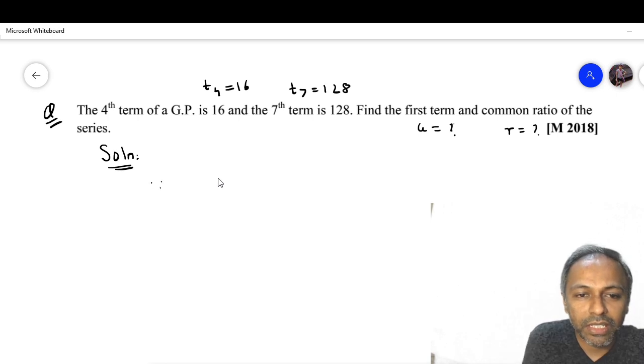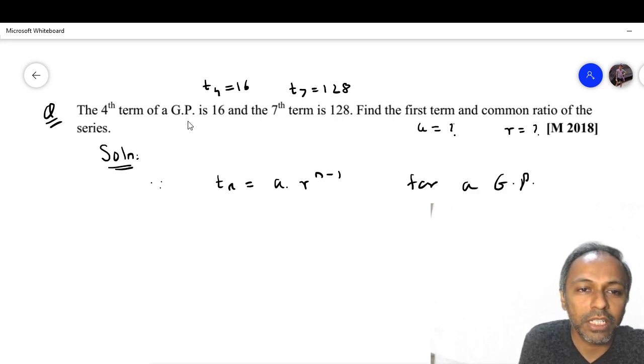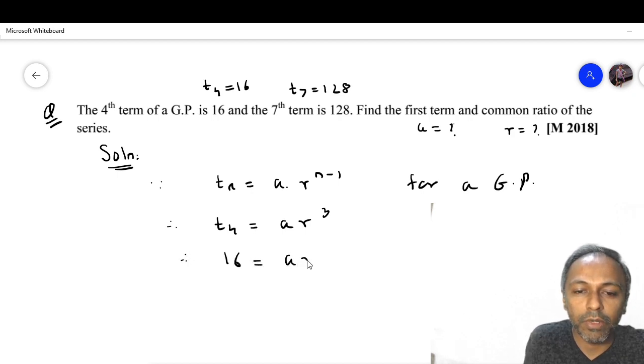We can write, since we have chosen the denotation as Tn, Tn is equal to A R raised to n minus 1 for a GP, because it's already said it's a geometric progression. Therefore T4 will become A into R raised to 3, but T4 being 16, we can write 16 is equal to A R raised to 3.